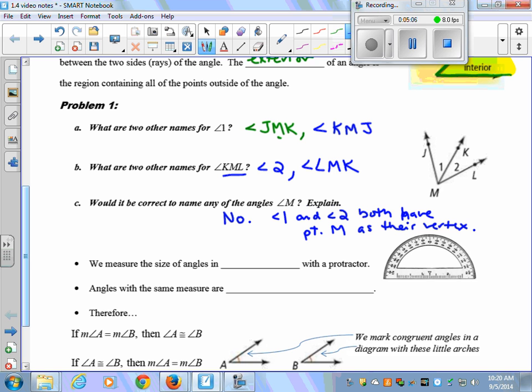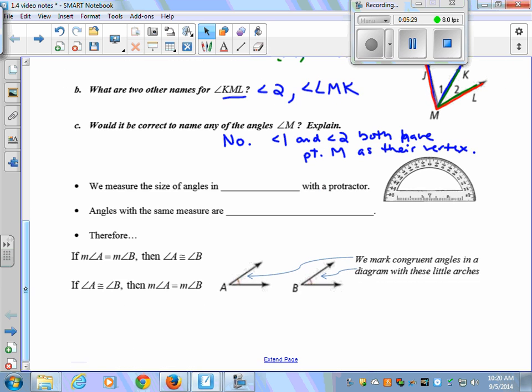So since both angles have M as the vertex, you can't just say angle M, because you could mean angle 1. You might mean angle 2. You also could mean this whole big angle, angle JML. So you really just want to use the other ways of naming this angle, not using just angle M.